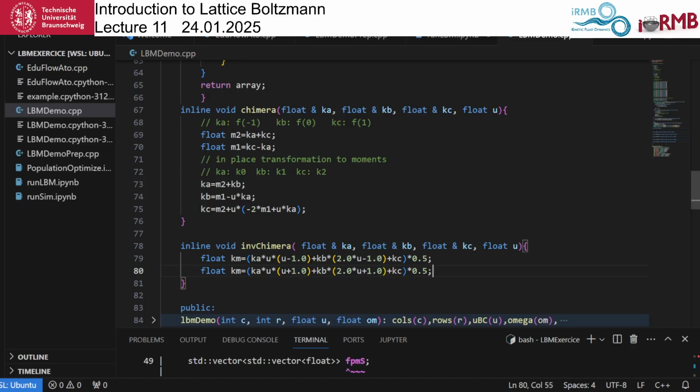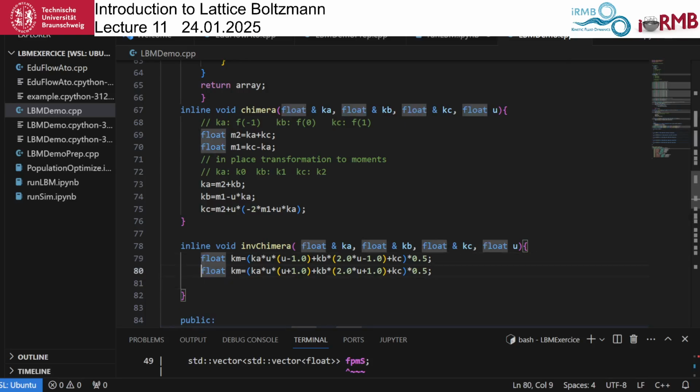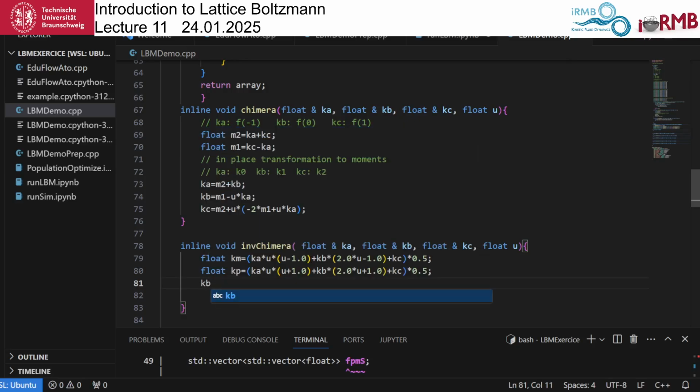So these are the two different signs. And then the last thing, so now we have, oh, wait, sorry. This is KP, of course. So now, because we are doing it in place, we do not need to save anything anymore. We'll just store KB.